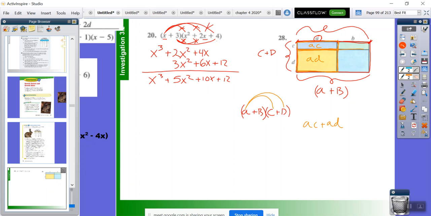What's the area of this rectangle right here? BC. BD. So here's BD. What about this last rectangle right here? BC.